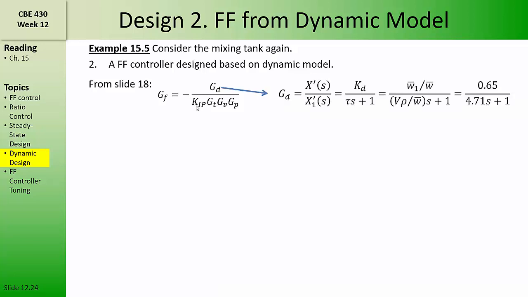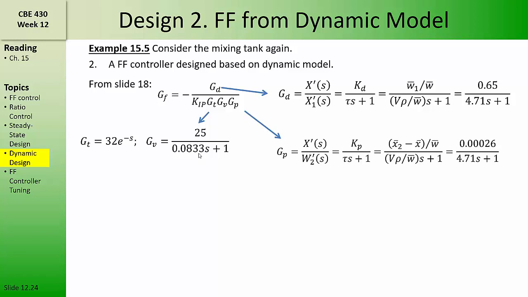The transfer function for the disturbance comes from the dynamic model of the tank, where the gain is the ratio of inlet flow rate stream 1 to the total flow rate W, and the time constant is the residence time for the tank. The sensor has a gain and a time delay, and the valve has a gain and a time constant. The process transfer function GP describes how X changes when we change W2, the manipulated variable.